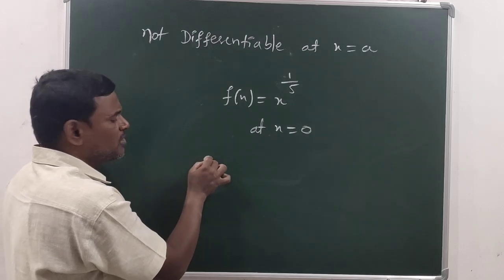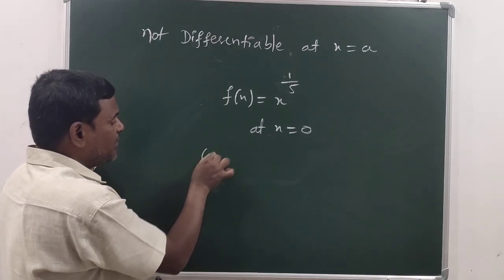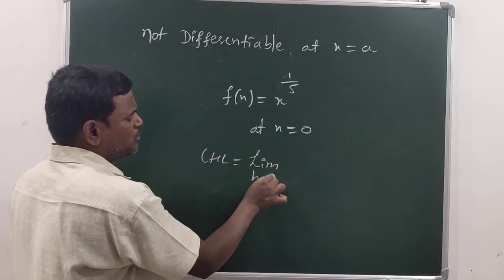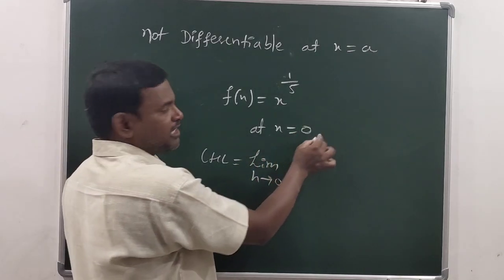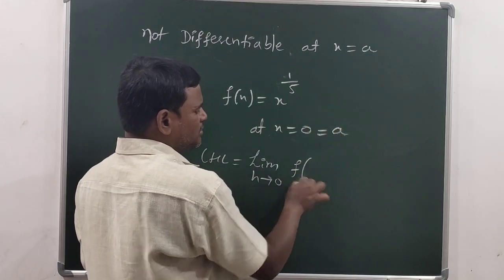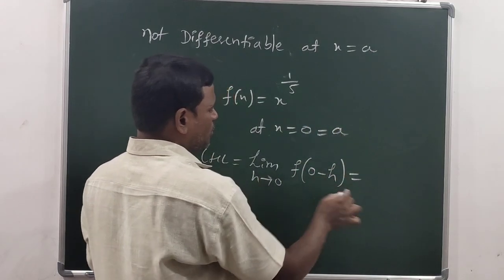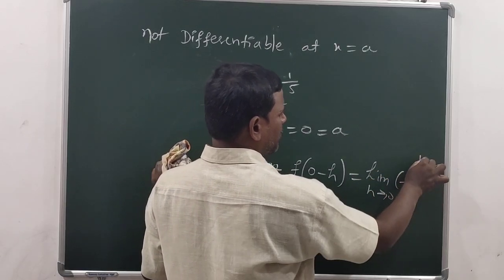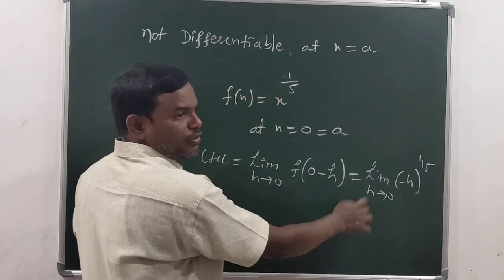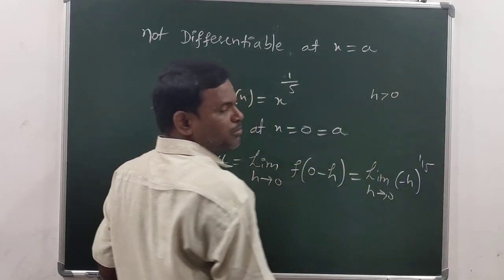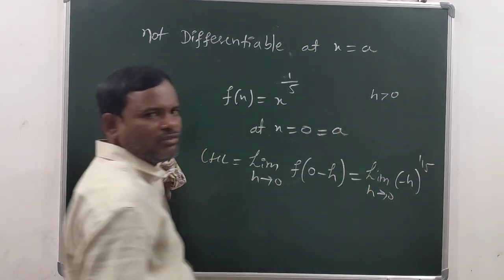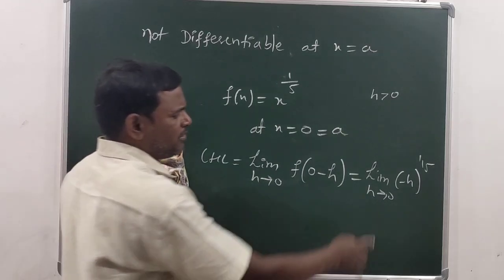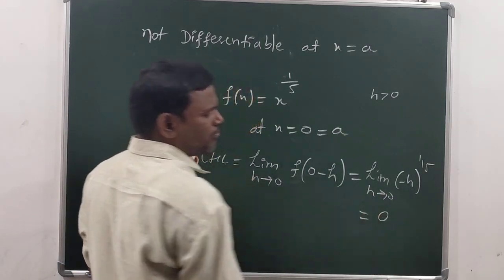Shall I show continuity? See, left hand limit, what is the formula? Limit h approaches 0 of f of a minus h, where a means x equal to 0. So 0 minus h gives minus h whole power 1 by 5. Now put h value 0. h is an infinitesimally small positive value, very close to 0, like 0.0001, and if you substitute here, this becomes 0.